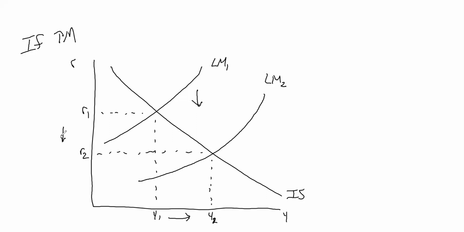So basically, by the Fed increasing the money supply, they cut interest rates. They allow more spending to happen. And when you allow more spending to happen, that shifts the LM curve downward to this new higher amount of income out here. And so an increase in the money supply shifts LM downward.